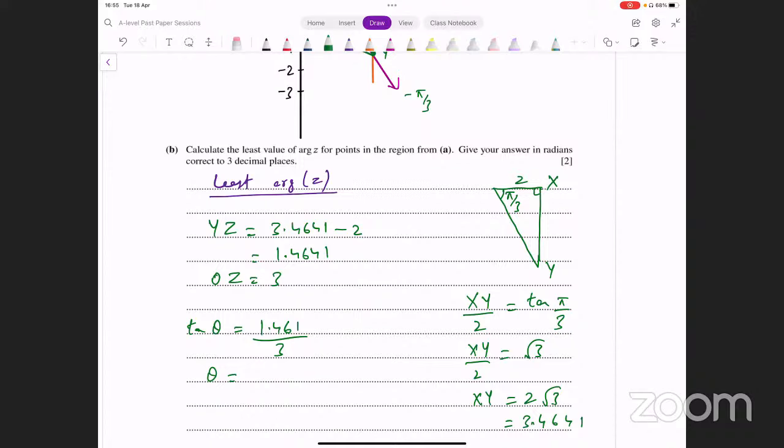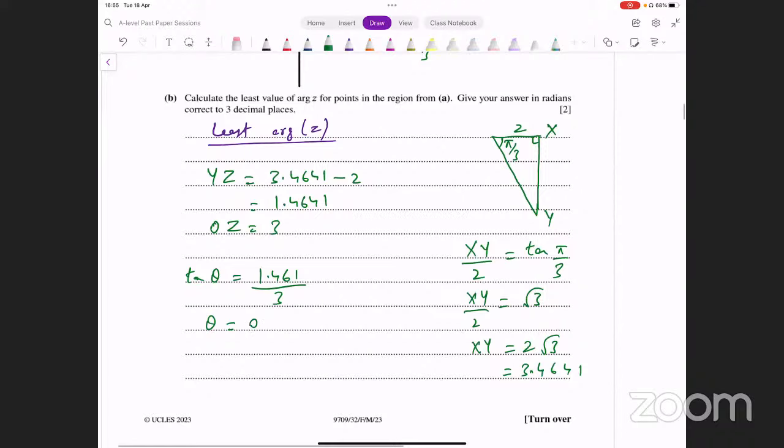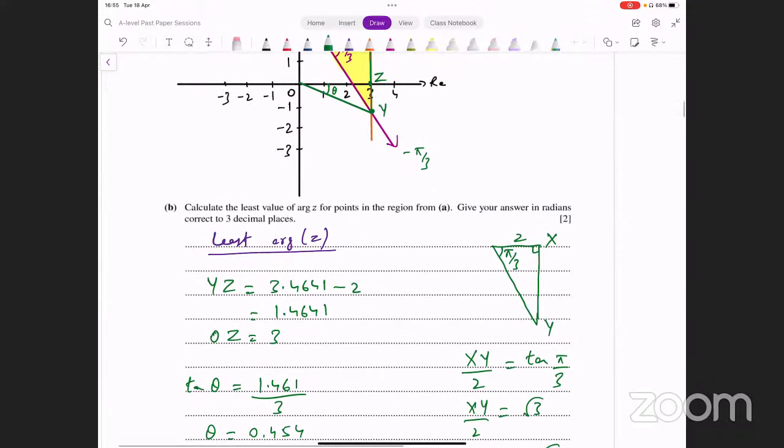Tan inverse of 1.464 over 3. This is giving me 0.454. We need an answer to 3 decimal places. So this is 0.454 radians. That's what we're getting for the value of theta.